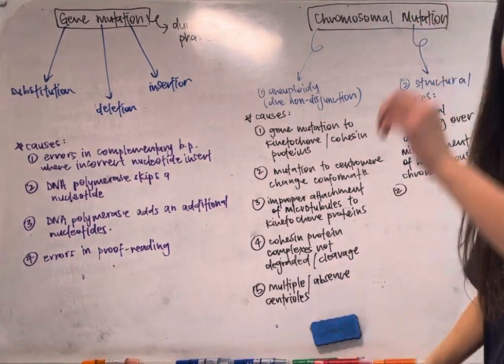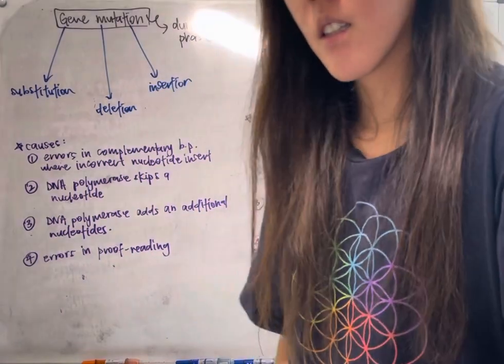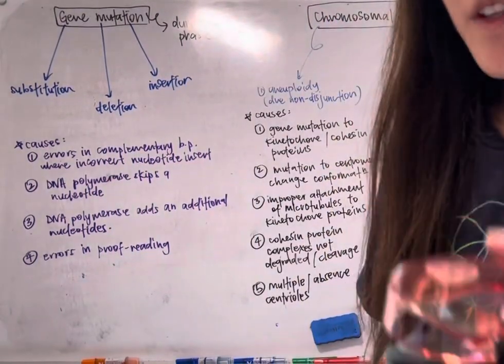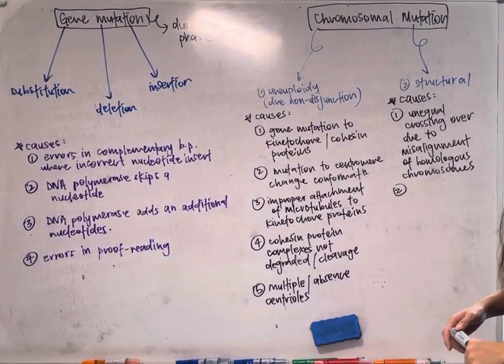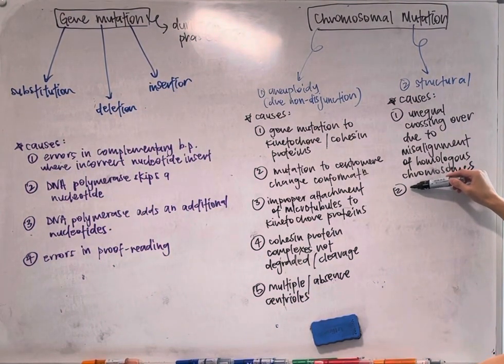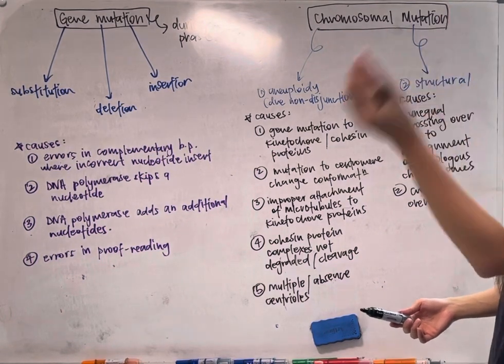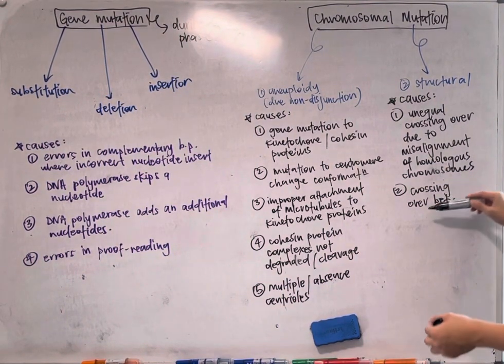What else can also be a cause for this structural mutation, Cheryl? Usually what kind of chromosomes can pair up together? But what if, again, you want to lead to this? Maybe you have crossing over between non-homologous chromosomes.